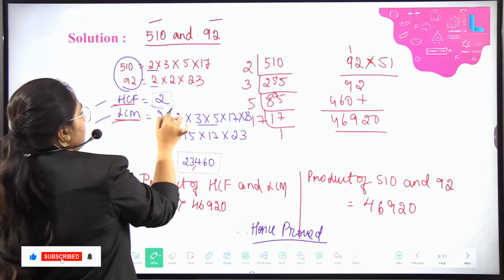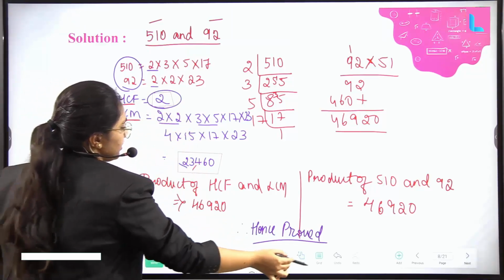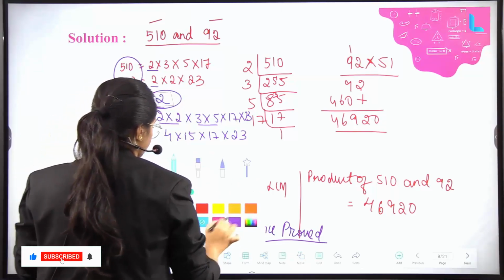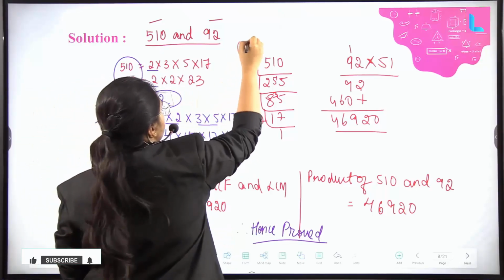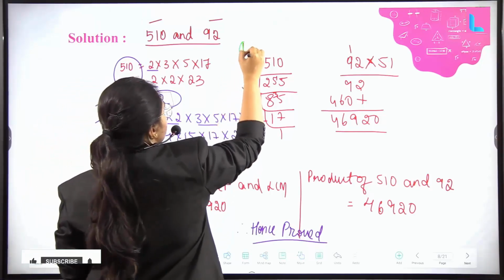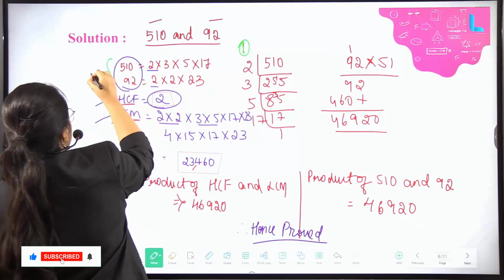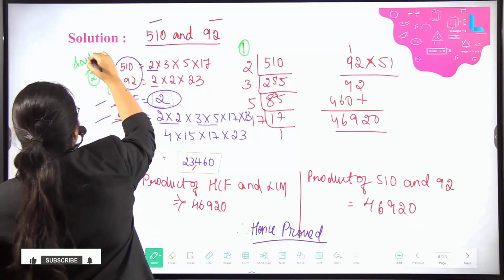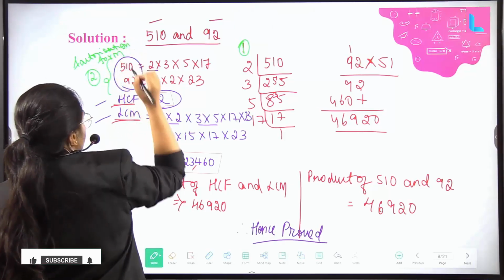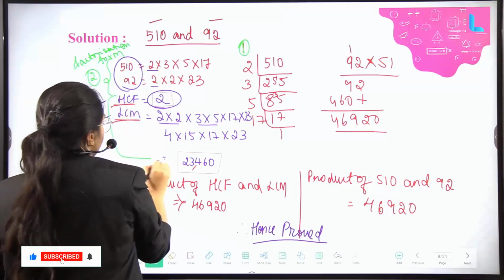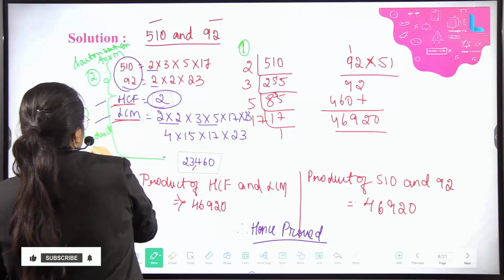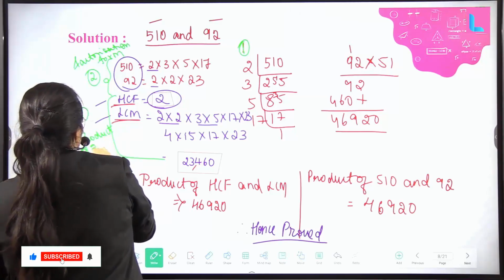Then take the product of HCF and LCM, then the product of the two numbers.